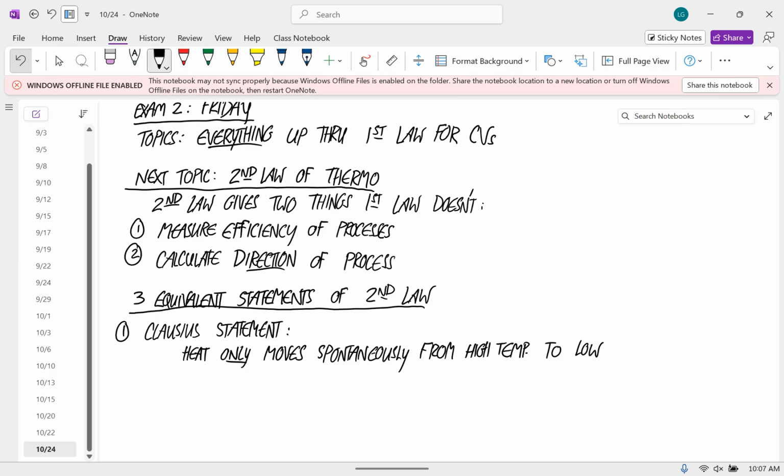It's not really obvious how that would be useful for calculations in most cases. Really, the usefulness of this is that you use it to derive the next one. So this is very intuitive, and based on this, you can derive the next one, which is the Kelvin-Planck statement.